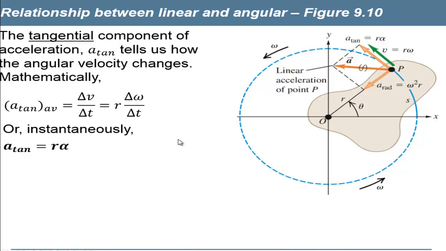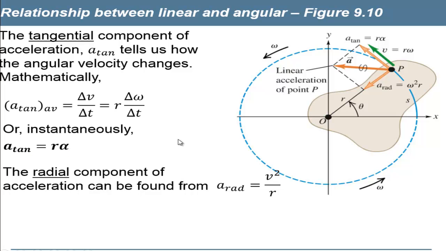We also have the radial component of the acceleration as well, right? And we know from chapter 6 material that the required radial acceleration is equal to the velocity squared divided by the radius. So here's our radial component that always points inward, and that is equal to v squared over r.